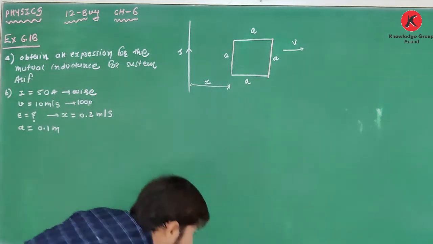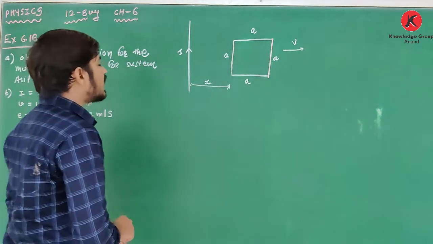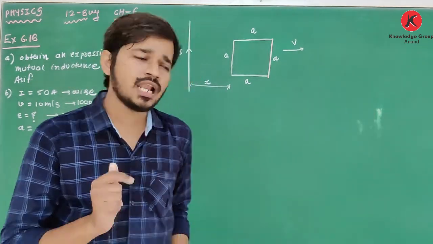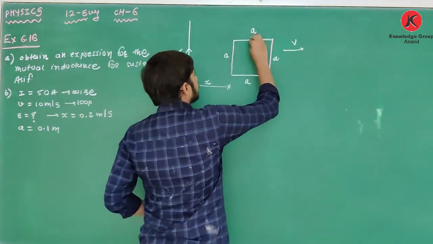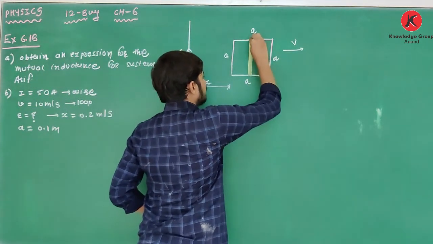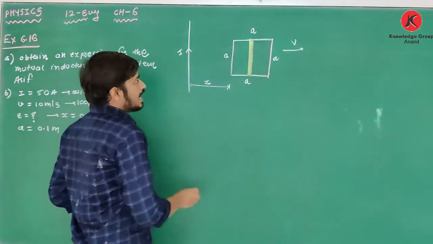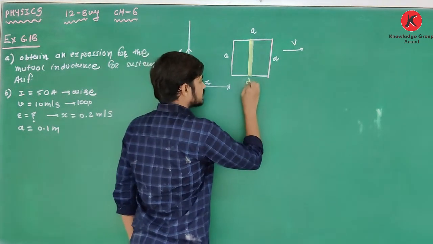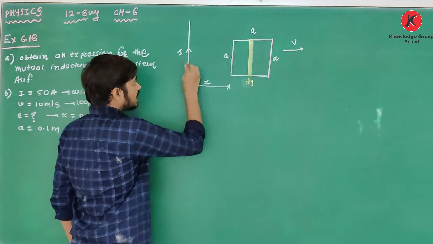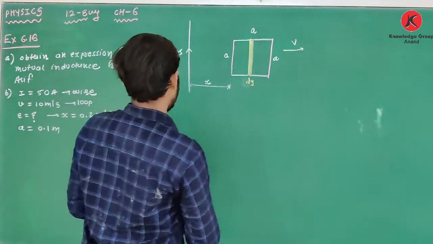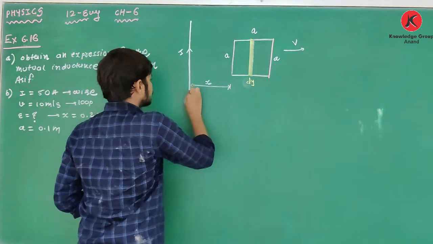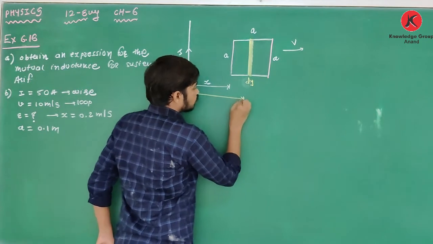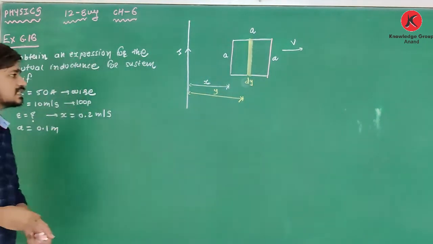So to find the flux, first of all I will divide this square plate into very small elements. I am taking one element here. Let it be one element, having this thickness; this side is A. This thickness is let dy, and this element is at distance y from this straight wire.